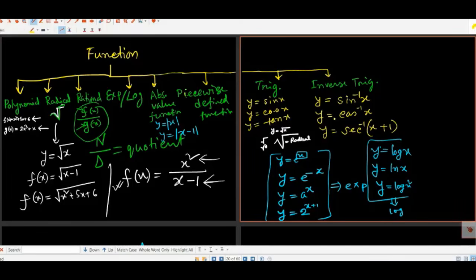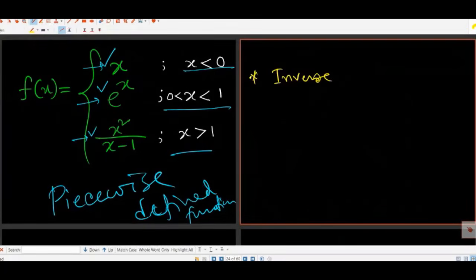So these are called inverse trigonometric function. So these are the classifications of function. So besides all these functions, we have some more functions like inverse function. You have to know about composite function.